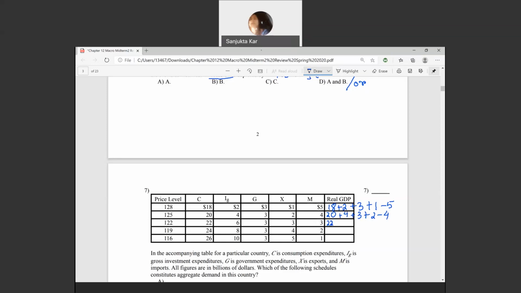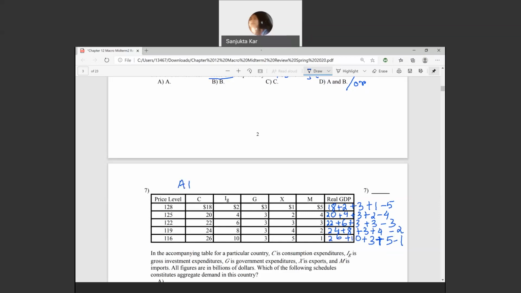So basically, I'm writing down the value of real gross domestic product. Right, the next one, 24 plus 8 plus 3 plus X minus 2. And the next question, why am I writing it this way? Why am I subtracting this M?